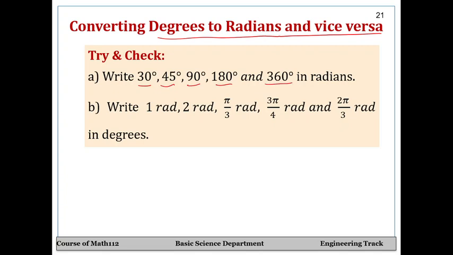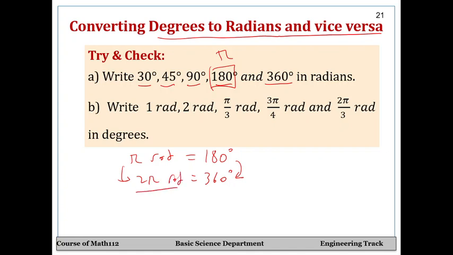So basically, you can start from the base here. Pi radians is equal to 180 degrees, and you can directly say it's automatically pi radians. Now, if you want to get the double, you will have a double radian here, 2 pi radians. So this is, I think, easy to figure out.